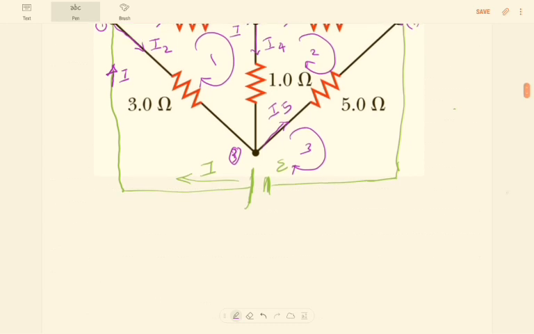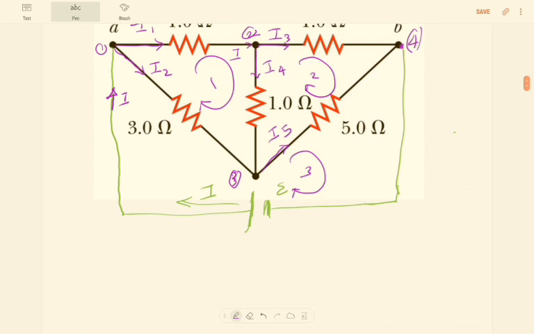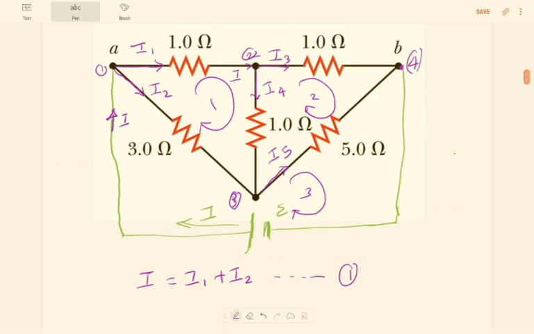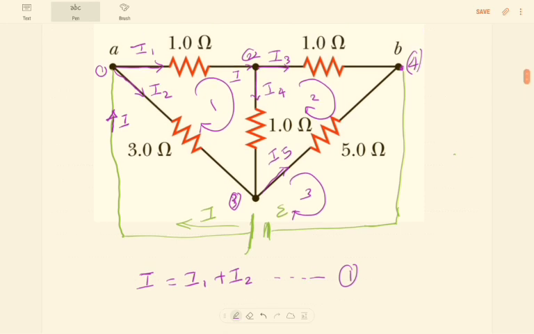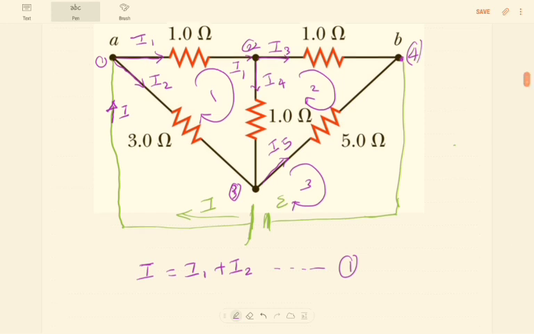Now what we'll do is simply, at junction point 1, as you see here, I equals I1 plus I2. Now I have one equation. The second equation I get will be from junction point 2. What do we see at junction point 2? The I1 current is equivalent to I3 plus I4.